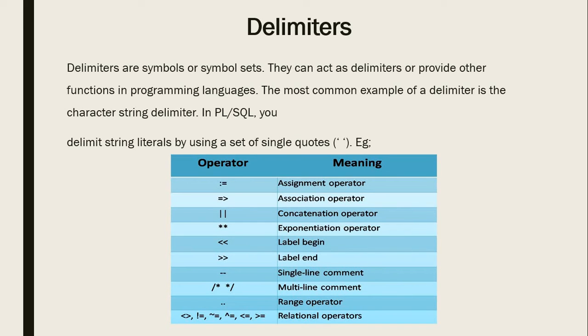Delimiters are symbols or symbol sets. They can act as delimiters or provide other functions in the programming language. The most common example of delimiters is the character string delimiter.